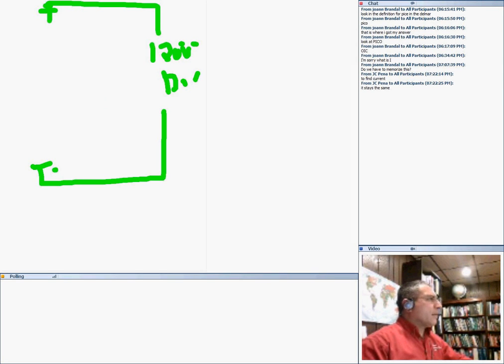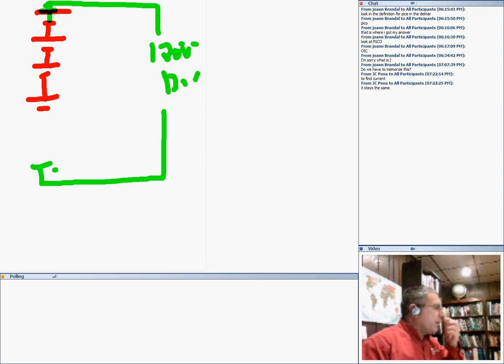Here's my positive, negative, move on, positive, negative, move on, positive, negative, move on. You can imagine it goes positive, negative, and you put all these batteries in series. You build yourself a system.